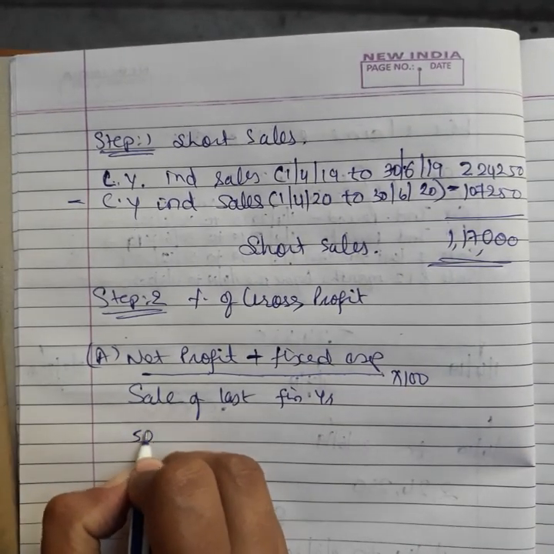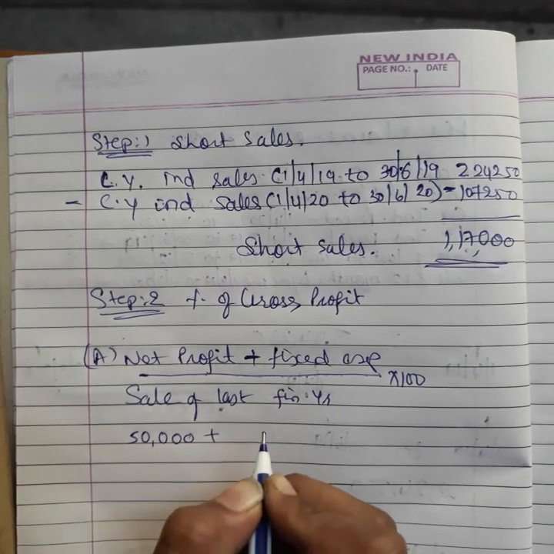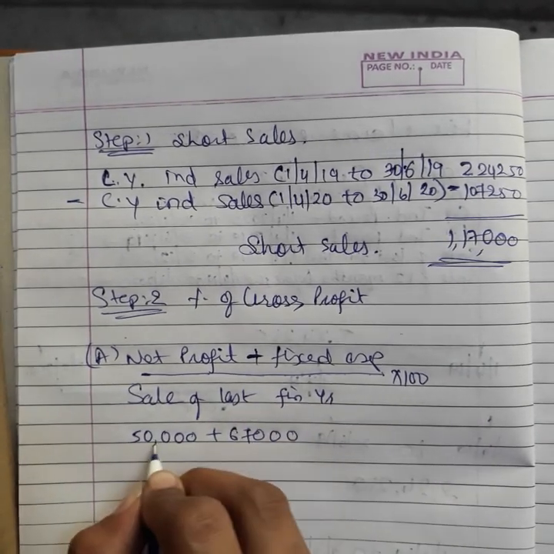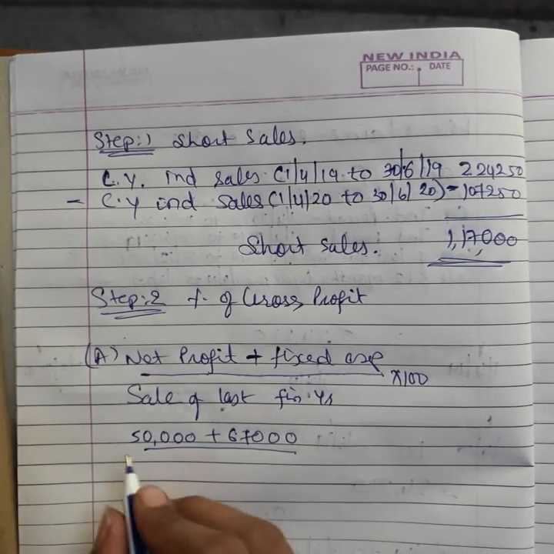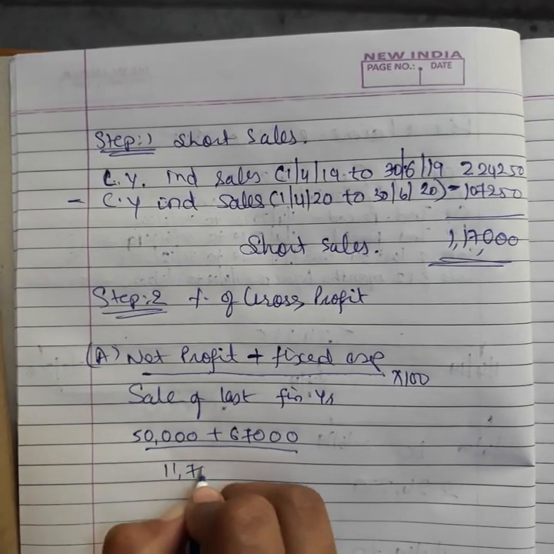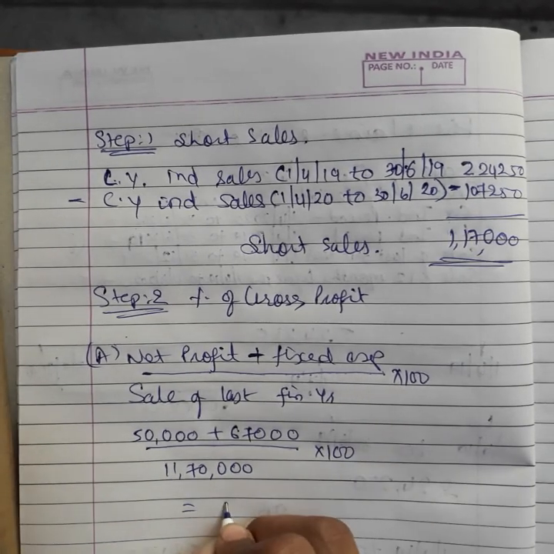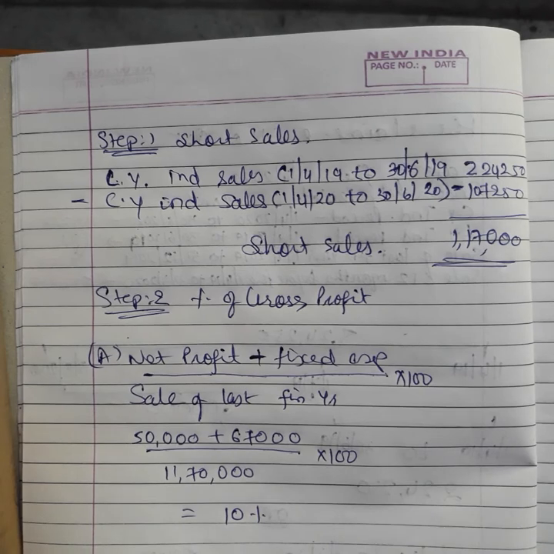So net profit is given 50,000 plus fixed expenses are also given 67,000, and previous year sales is also given 11,70,000 into 100. So answer is 10%.